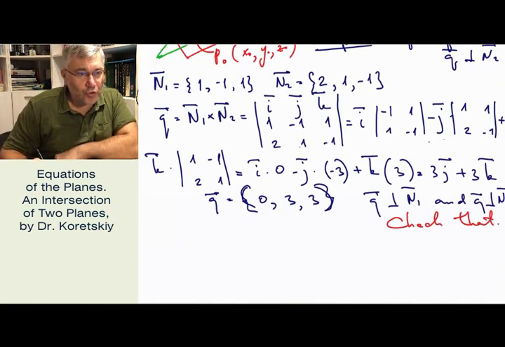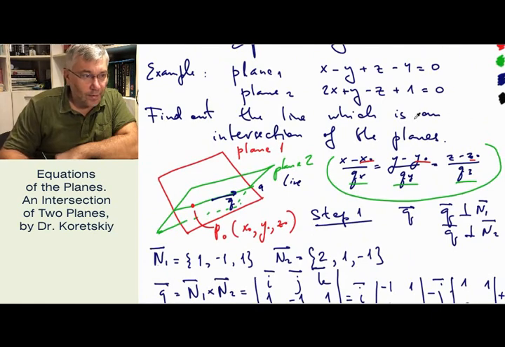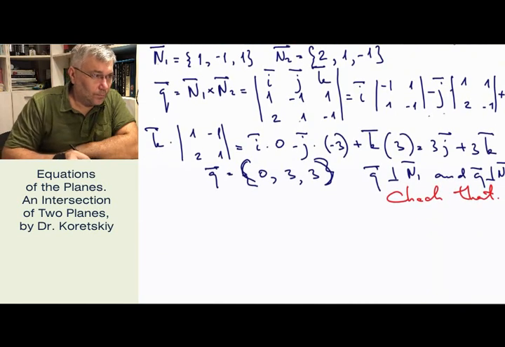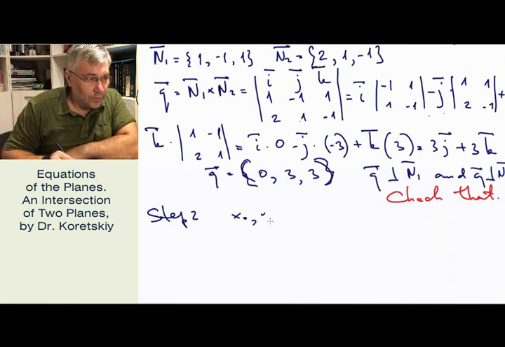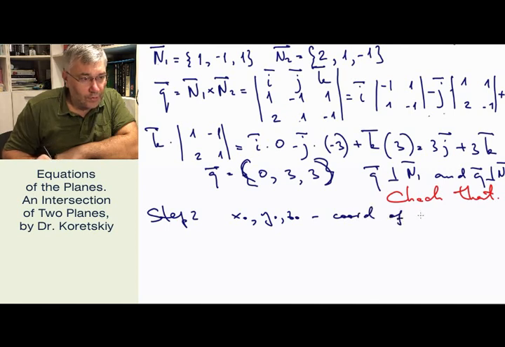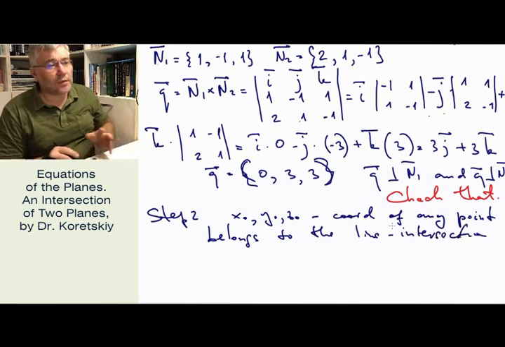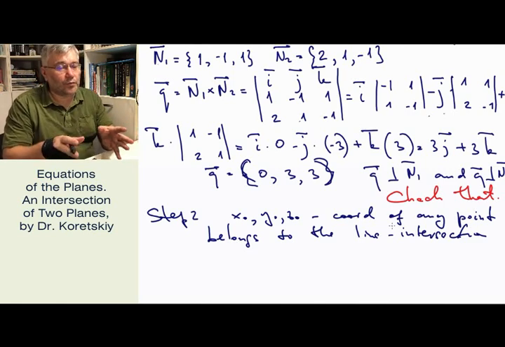Okay, next our job is to find x0, y0, and z0. Step 2: we have to define the x0, y0, and z0 coordinates of any point which belongs to the line of intersection. What does it mean that this point belongs to the intersection?